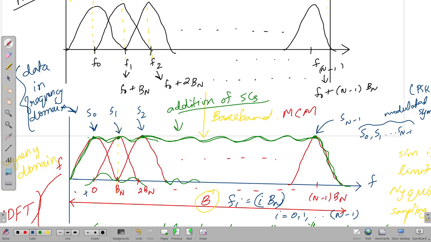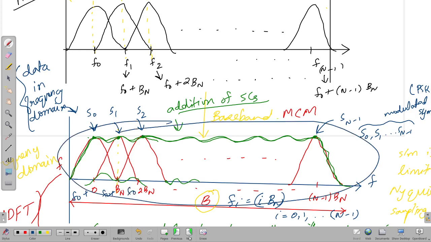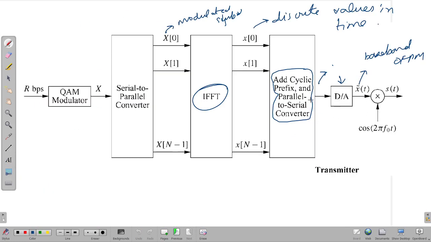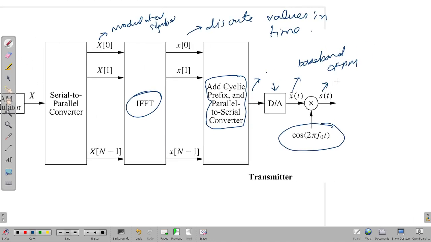You want to add F0 to every frequency, so basically you are trying to translate this frequency to the higher frequency. For that you have this multiplication, cos 2 pi F0 t, which translates this baseband OFDM to our bandpass OFDM, or high frequency OFDM.